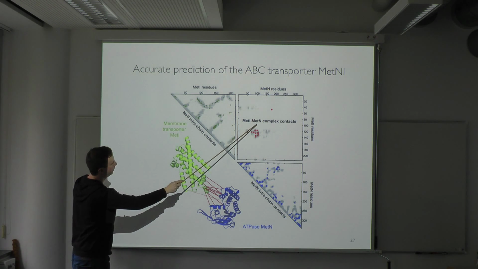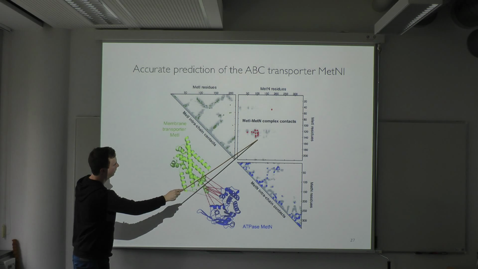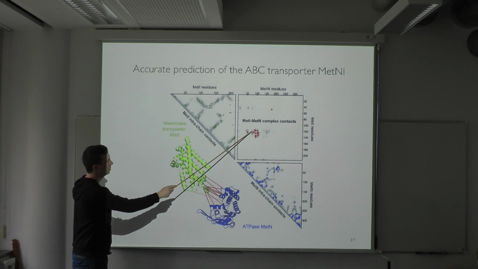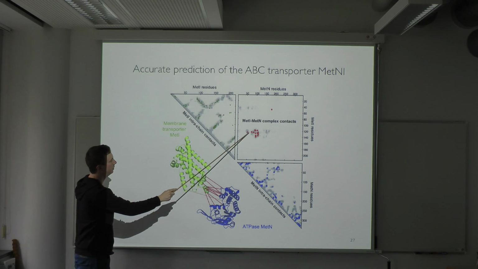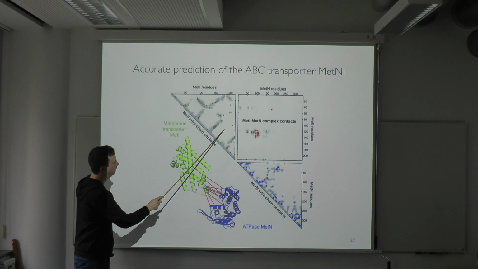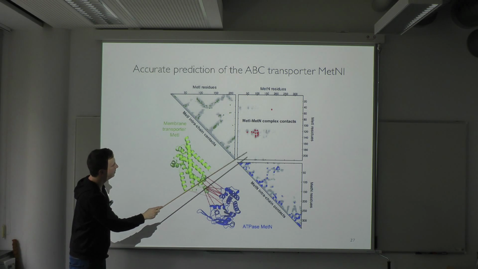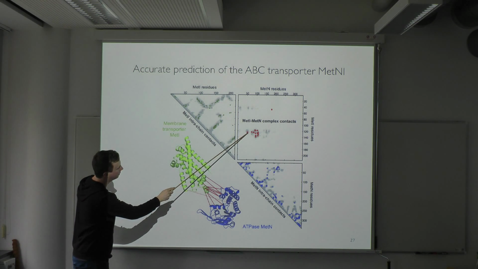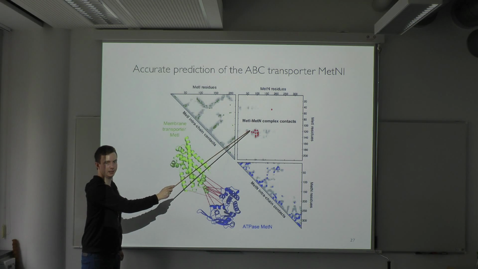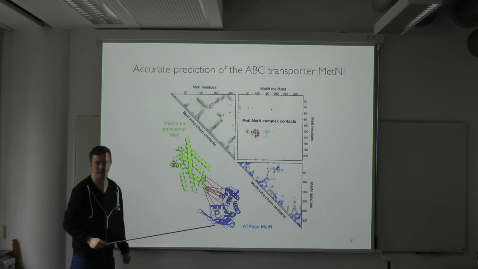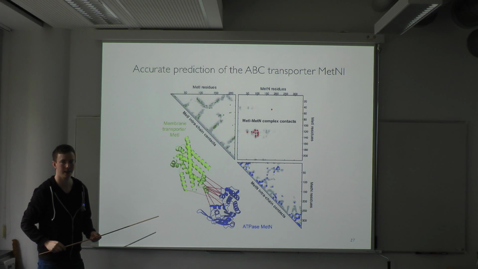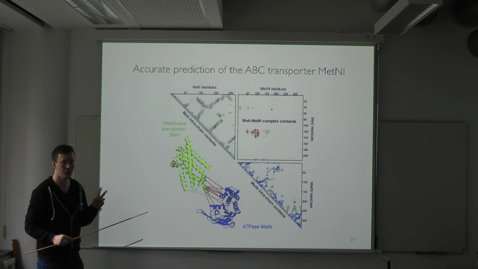And what you have in this quadrant, these are the interactions between the proteins. So any dot in here says one position in the first protein is interacting with one position in the second protein. And as you see again, the colored dots are pretty much on the gray. So the coevolution analysis gives you the pairs that do change between the two protein subunits.